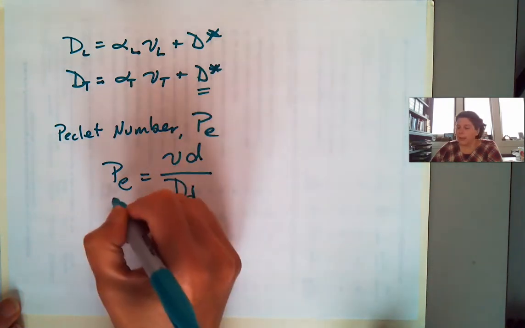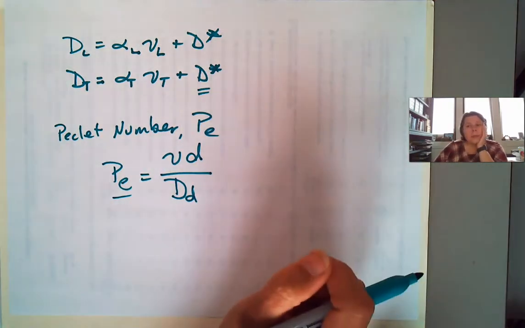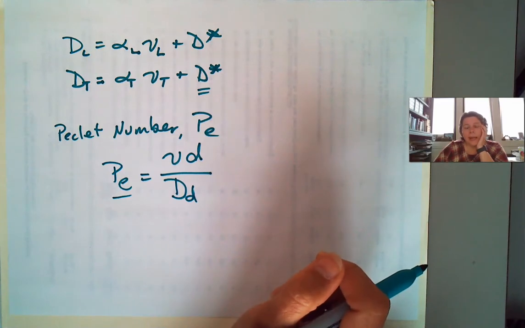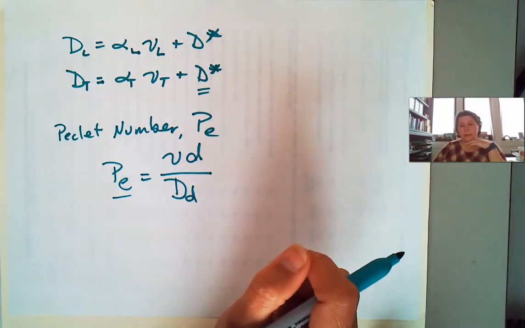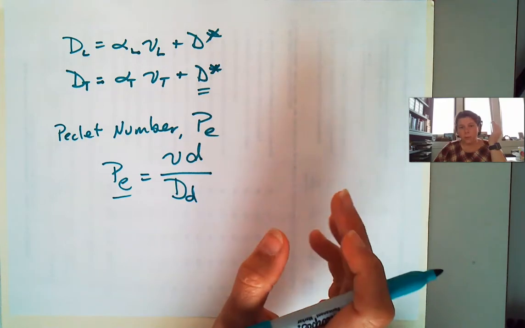I've used Peclet numbers in some things where we want to really look at how diffusion is affecting the system, especially in very low flow systems.